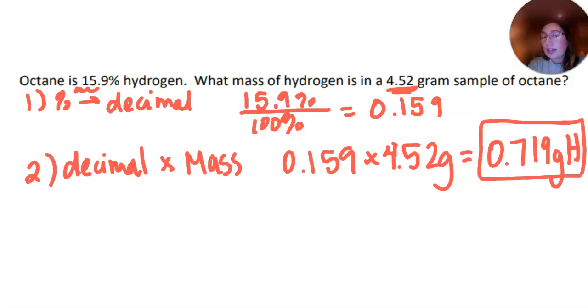It's saying about 16% of this is hydrogen. What's 16% of 4.52? Well, it's 0.16, or 0.159 to be exact, times 4.52. So that's the way that if you're given the percentage, you can figure out what portion of the sample that percentage really relates to.